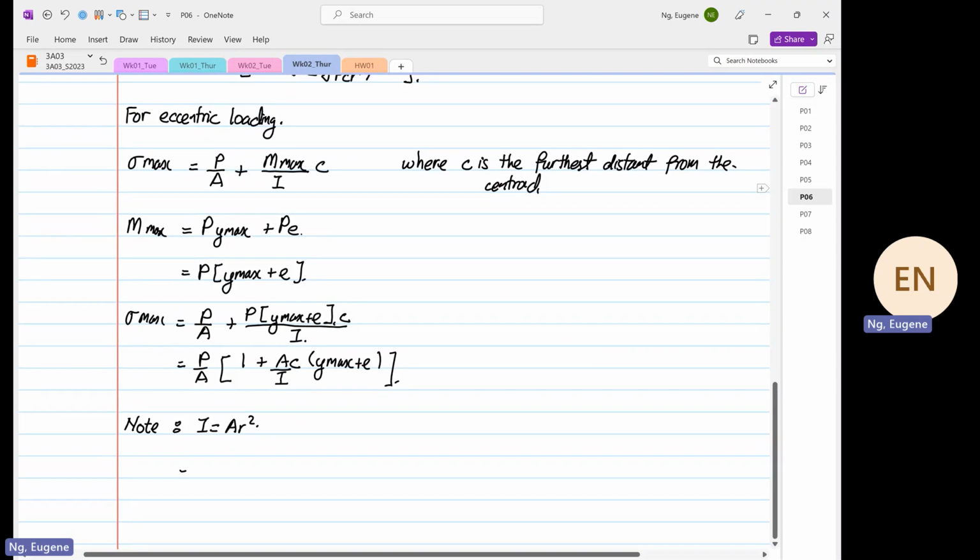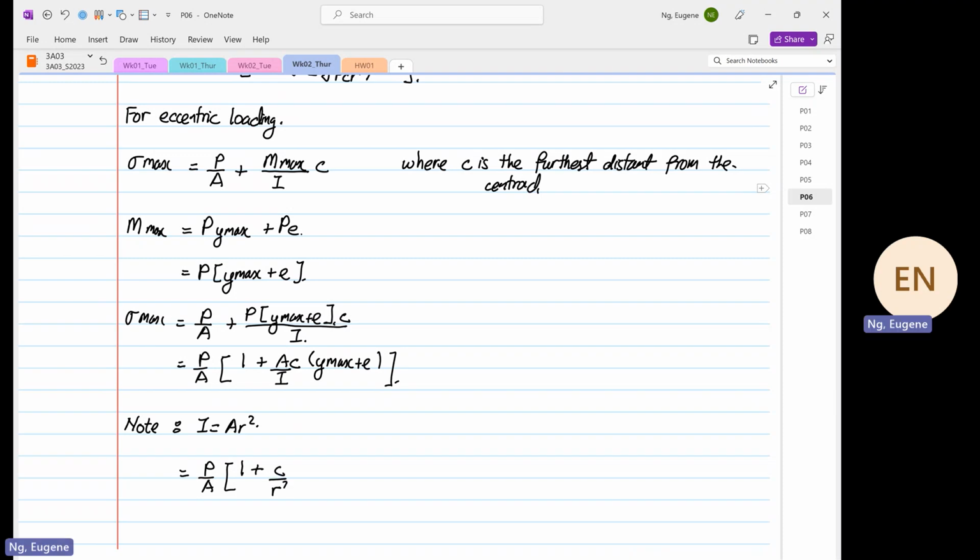So the above expression, P over A, can now be written as 1 plus, A over I is equal to C over R squared, and then we include our Y max plus E over here.